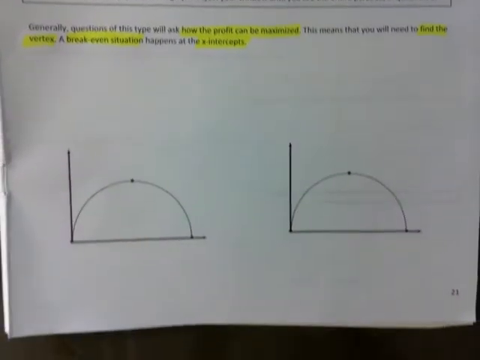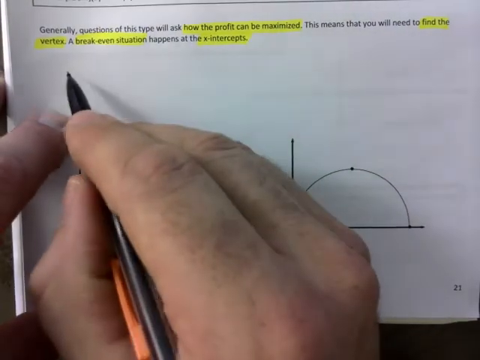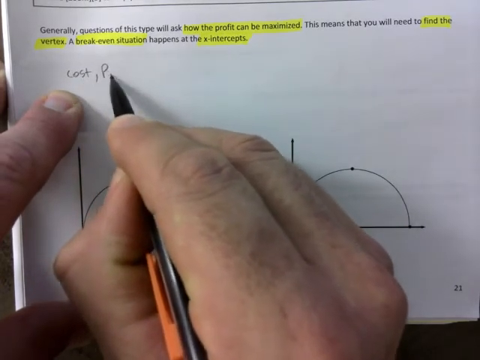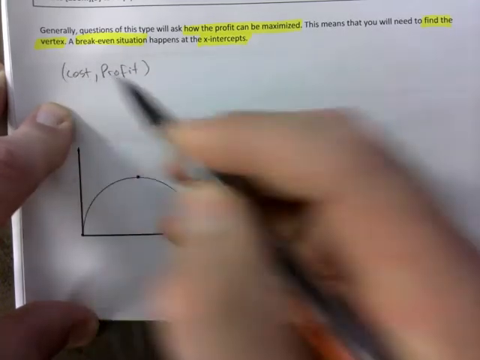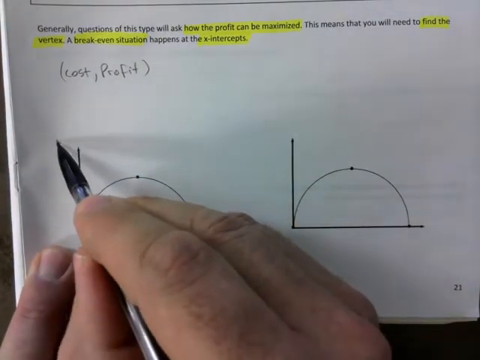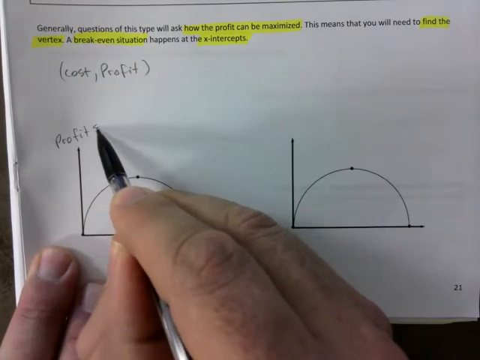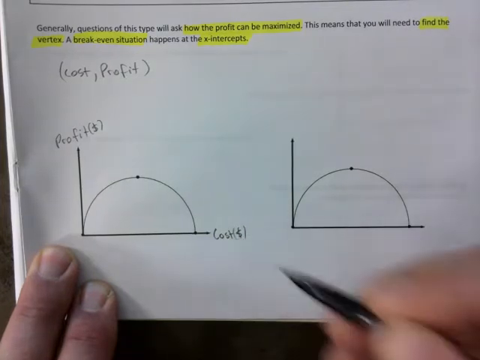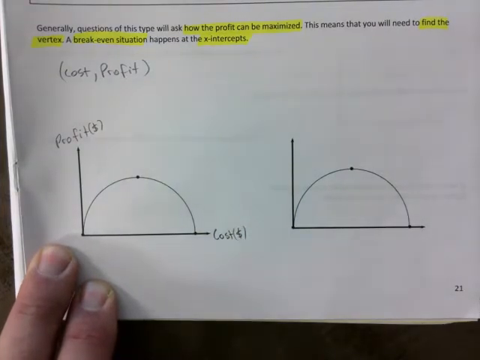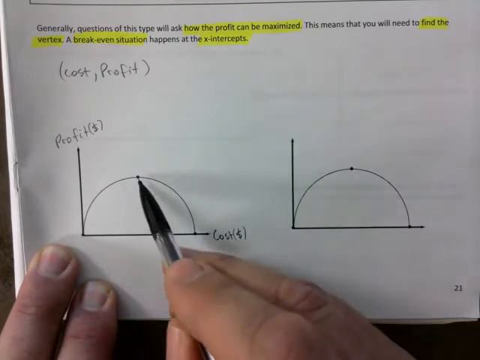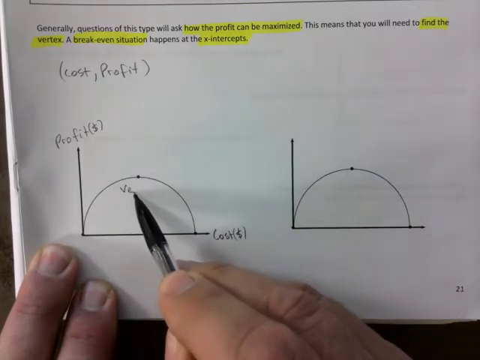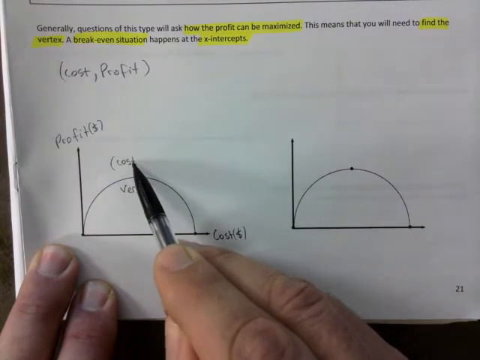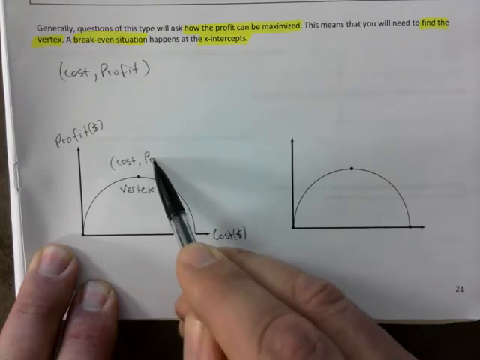So let's say the question said to put the cost and the profit to relate those two. Well, that would mean that profit goes along the y-axis and the cost per item goes along the x-axis. This is the vertex, no surprises there. And you get a cost and a profit there as well.